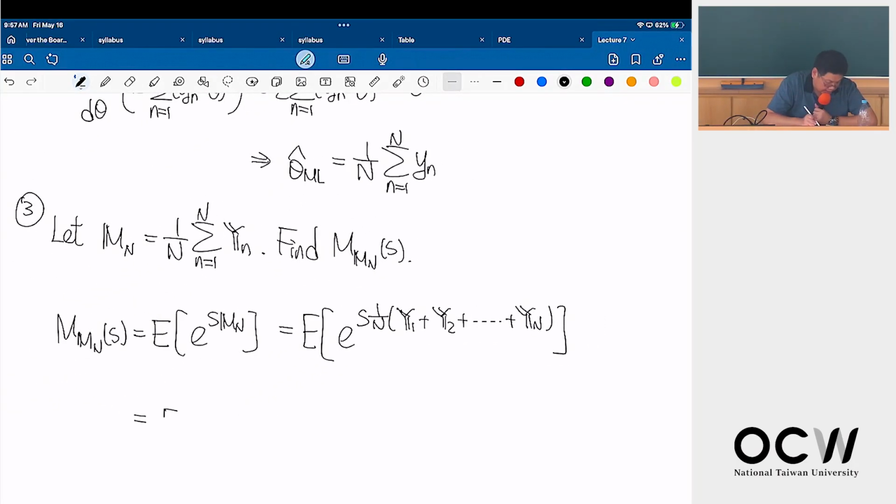And that is the expectation of e to the s over n times yn, overall to the n because they are IID.